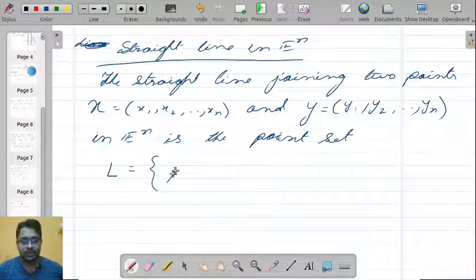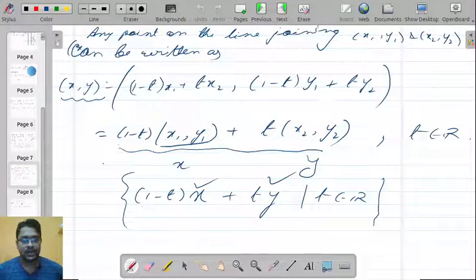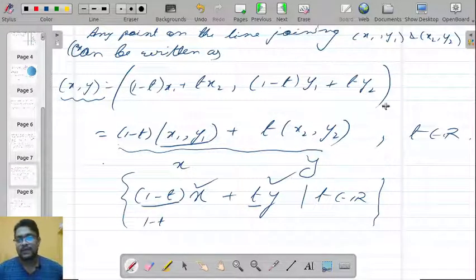It is the collection of all (1 minus t)x plus ty. One thing we can do, instead of writing this as (1 minus t)x plus ty, we can also write it the other way. If I denote 1 minus t by lambda, then t will be equal to 1 minus lambda.